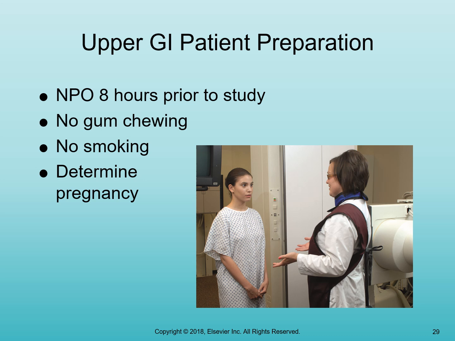They are also not allowed to chew gum or smoke cigarettes during that period, because when they chew gum or smoke, it increases their gastric secretions and it causes them to salivate, which can prevent the barium from sticking to the mucosal lining in the stomach, and it can also create excessive air in the organ, which we do not want.